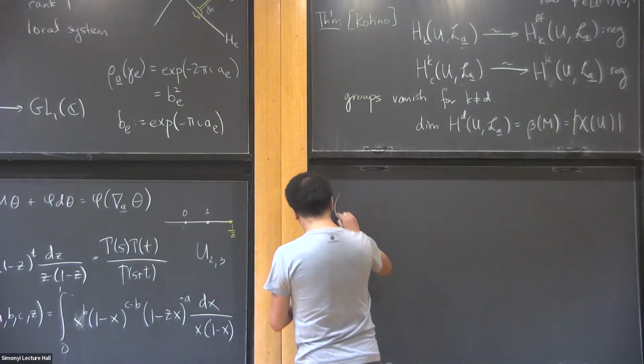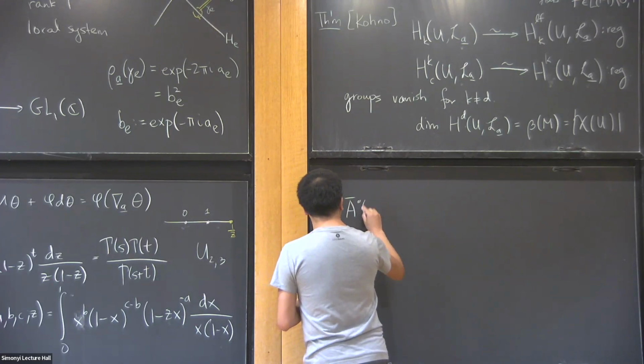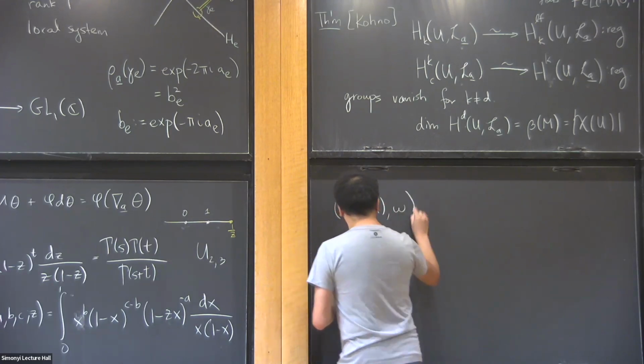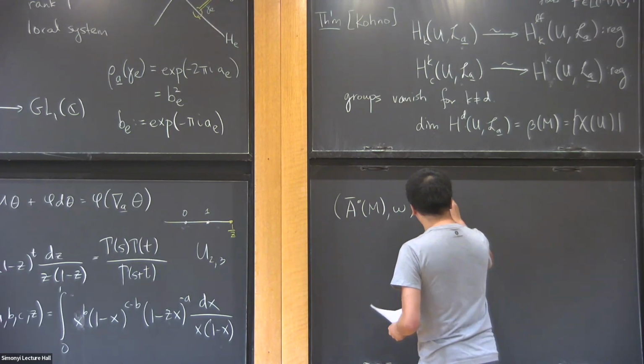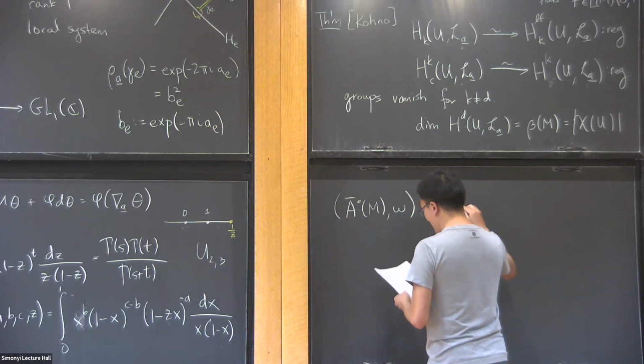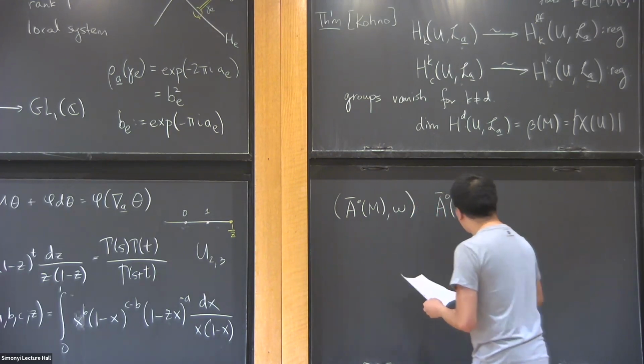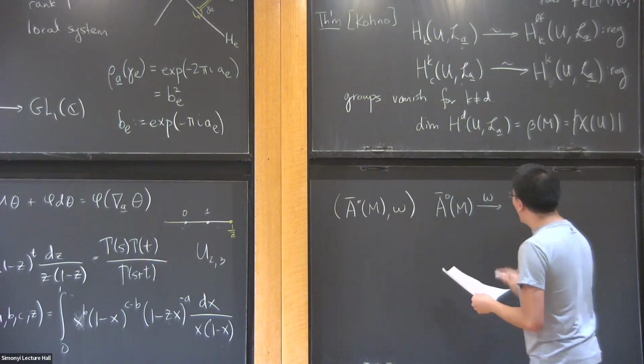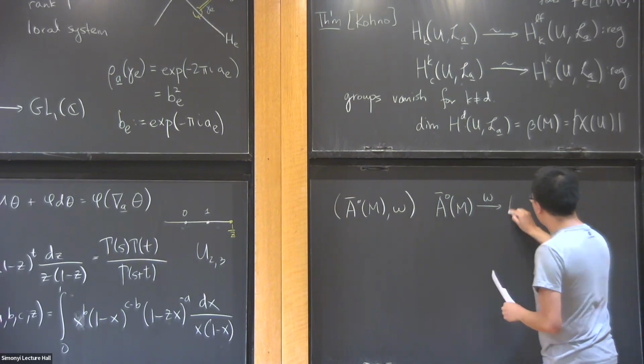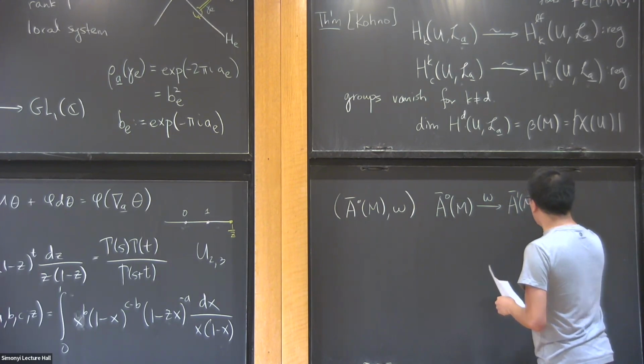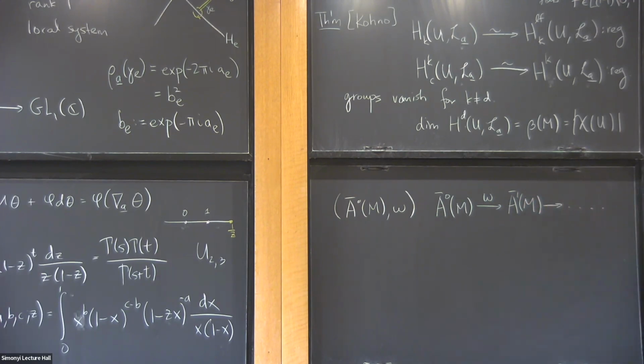So you can form a complex by taking this ring and taking omega as your differential. Omega squared is 0, so this is a complex.